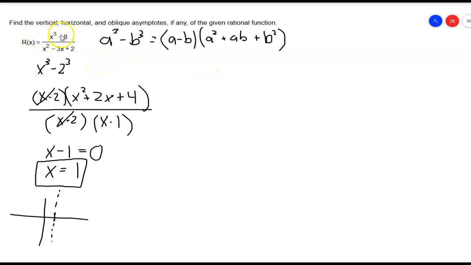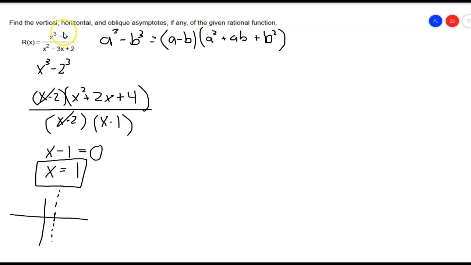So when we have a polynomial over a polynomial, we have one of three scenarios. Either the largest exponent is on the top, like it is in this case, the largest exponent is on the bottom, which is not this case, or the largest exponents of these two functions are the same.